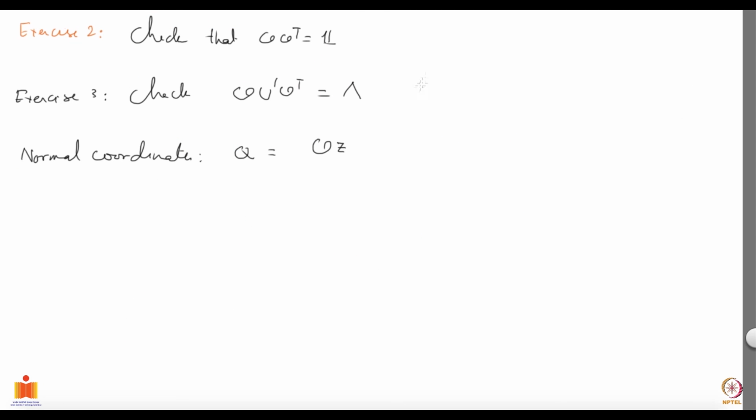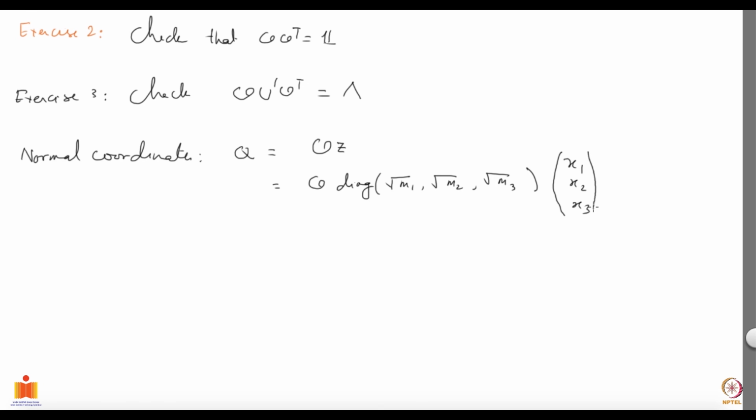And if you also recall, Z was obtained by multiplying a diagonal matrix, square root of M1, square root of M2, square root of M3, where M1 and M3 are small m and capital M is M2, times x1, x2, x3.